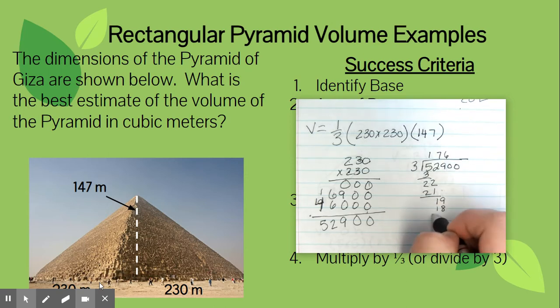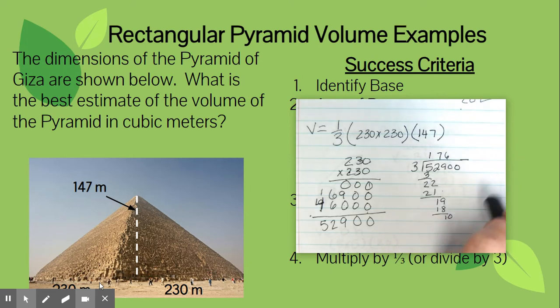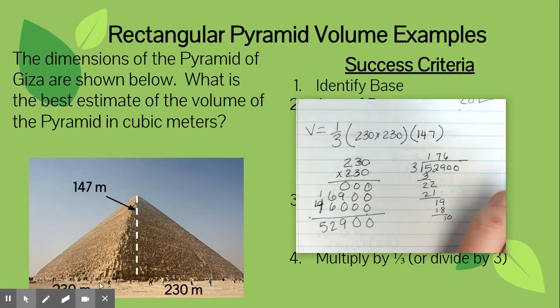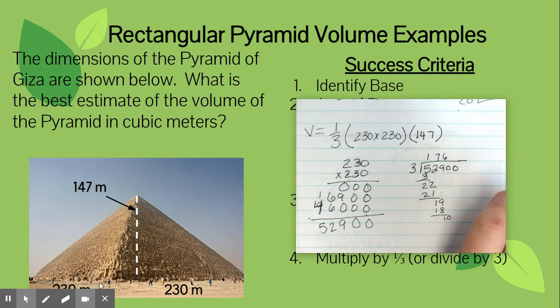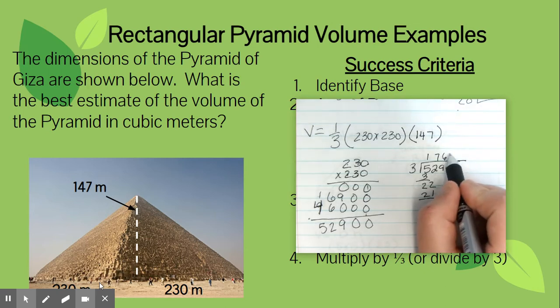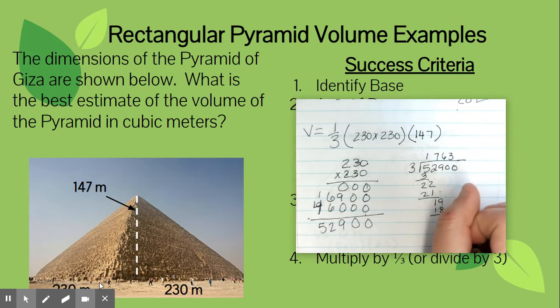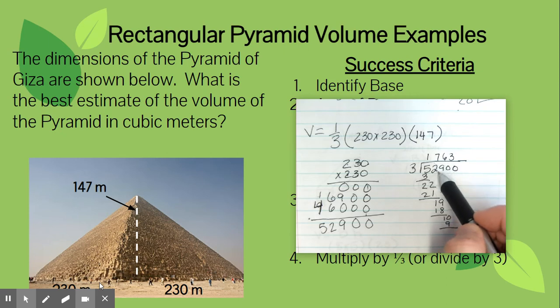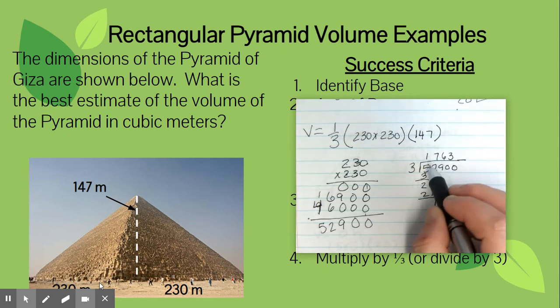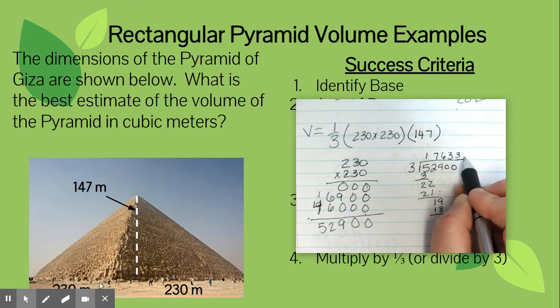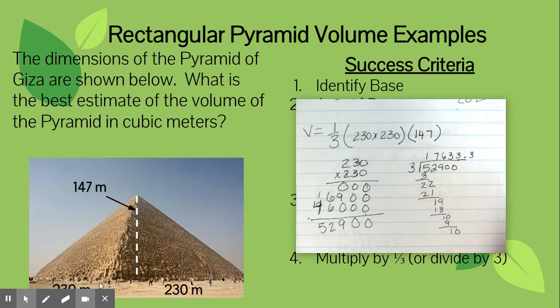That's 18. 10. 3 goes into 10 3 times. Okay, I'm just going to keep going. That 3 is going to keep repeating.